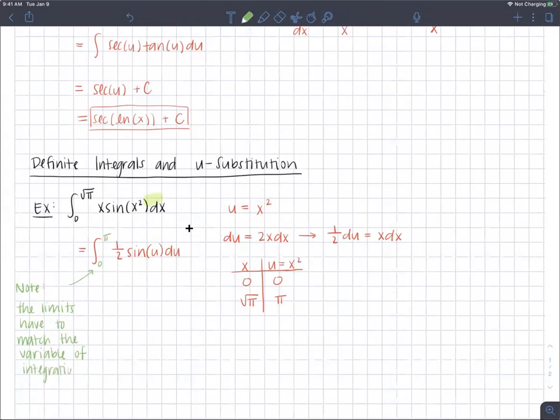And the variable of integration is the variable that's given in the d whatever, right? So like dx, du, etc.